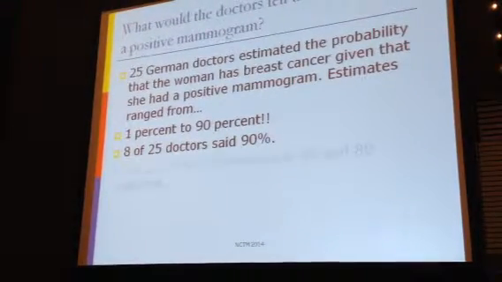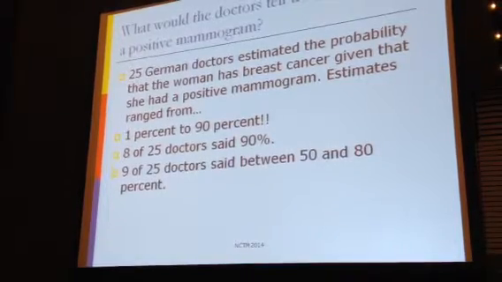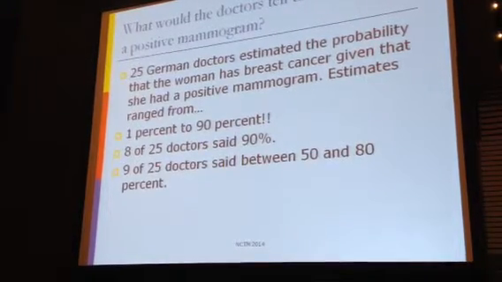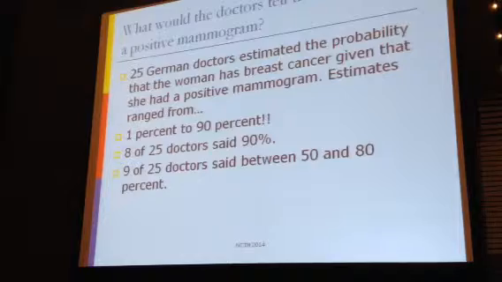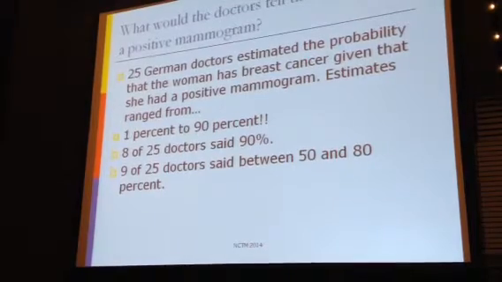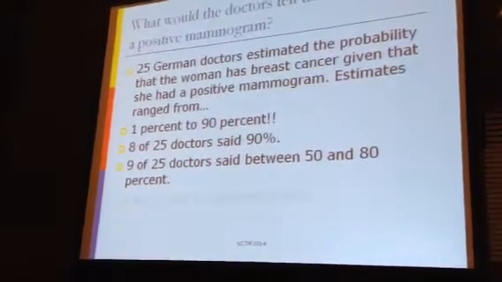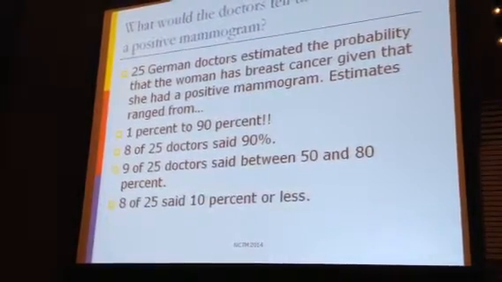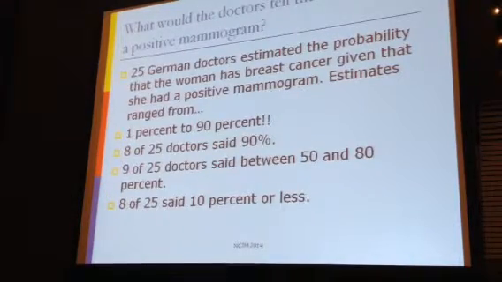Some understood that there are false positives, and so they lowered their estimate, and 9 of them said between 50 and 80% chance, and only 8 of them said 10% or less, which is actually the correct answer.